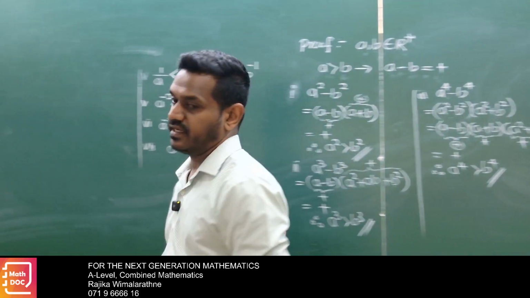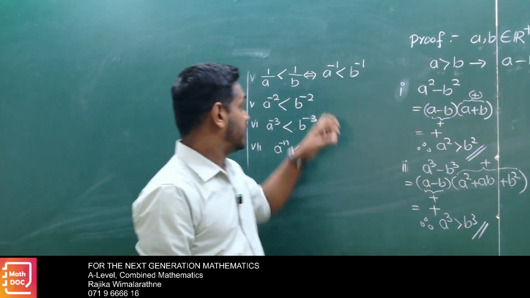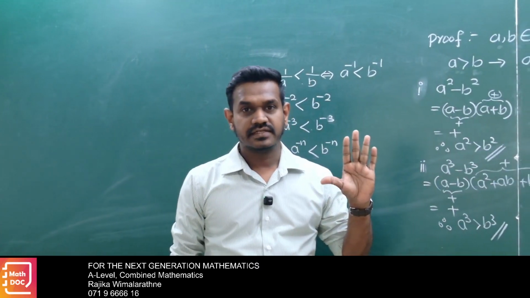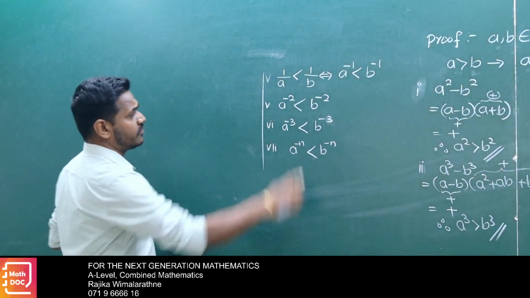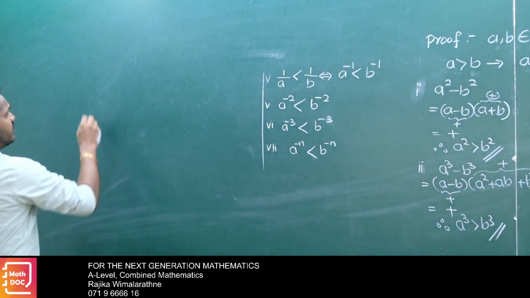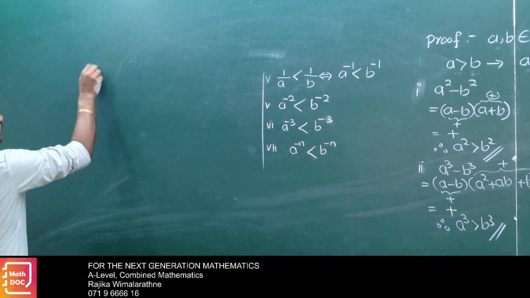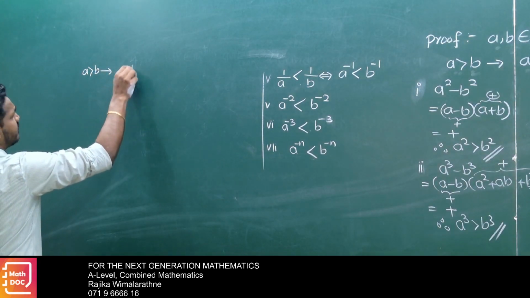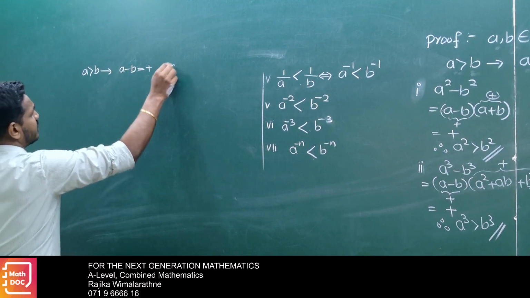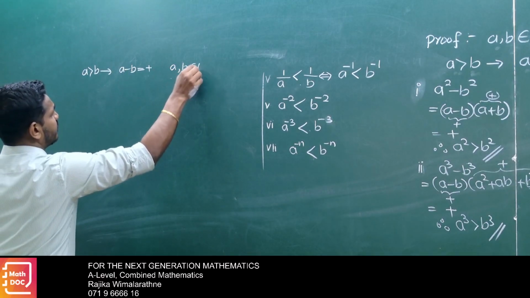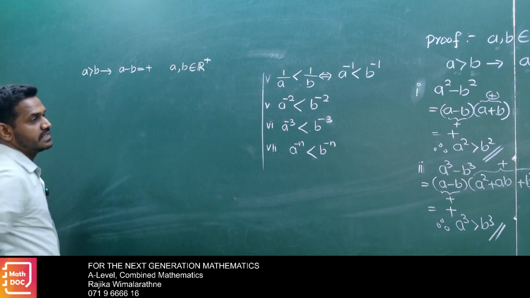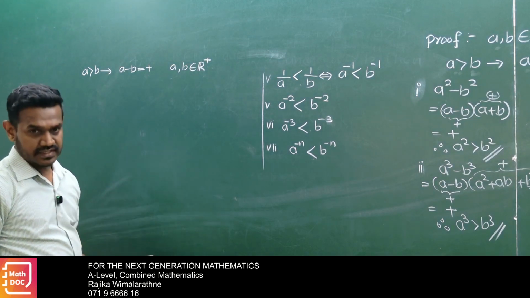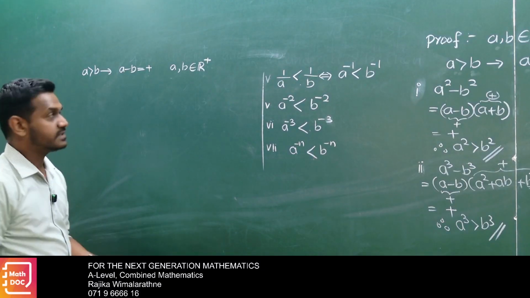Okay, now let's see for negative indices. Check it now. So given a greater than b, no, then a minus b is positive. A, b are positive real numbers. So this can be right for positive integers only, not for all integers.